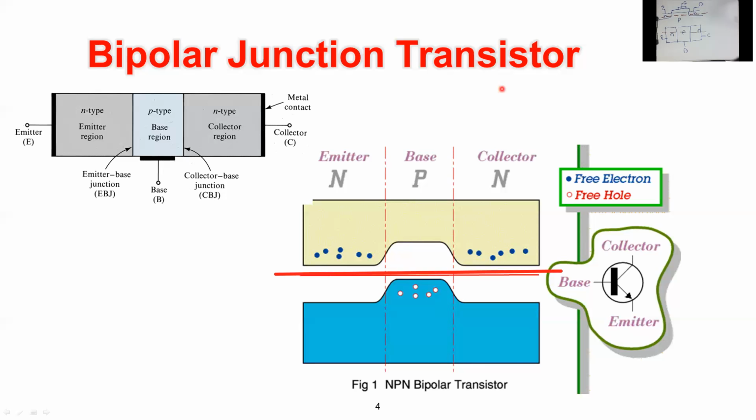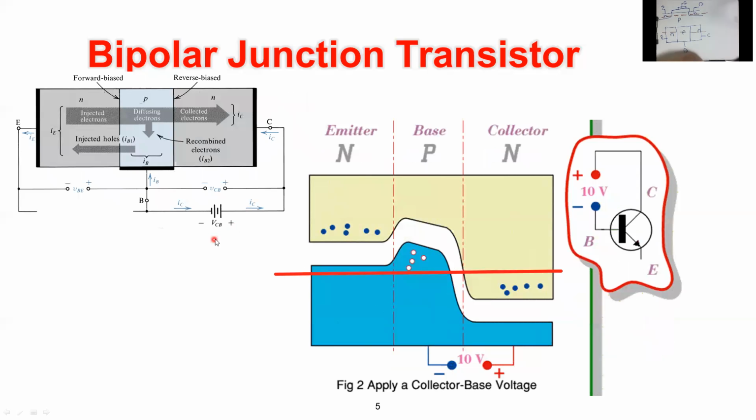So let's start with the first one. As you can see from the schematic diagram here, now we are considering the base-collector junction, because your battery is connected between the collector, which is this one, and the base, which is this one. Nothing is applied on the emitter-base junction.